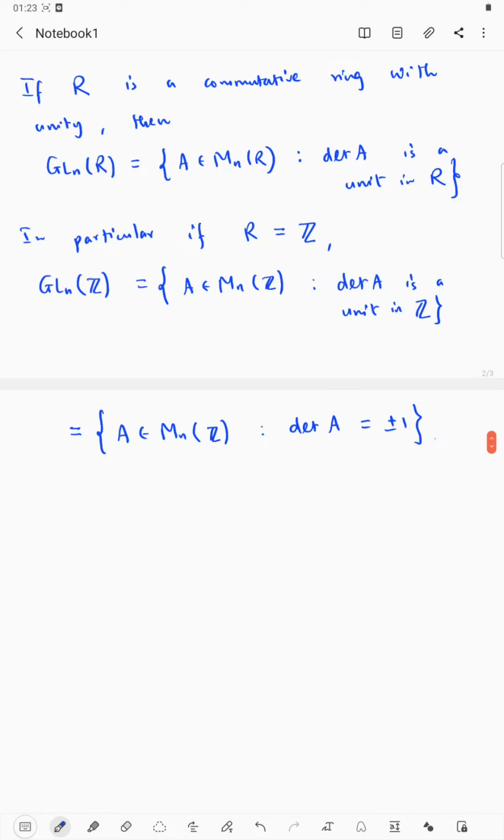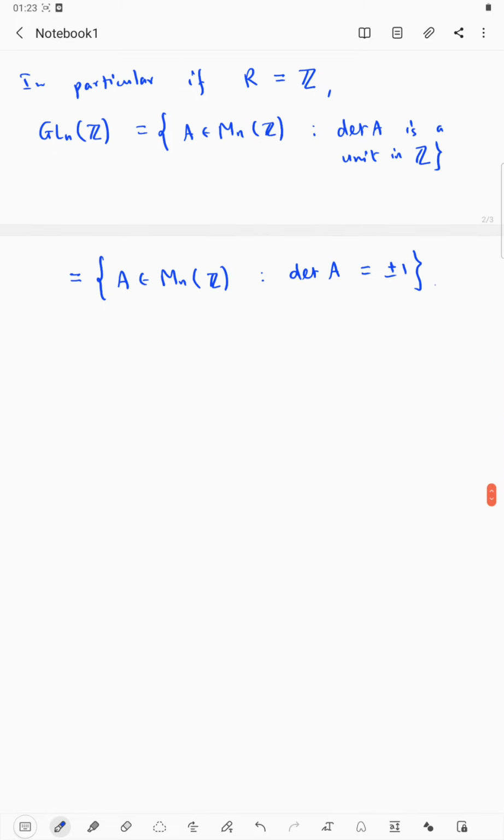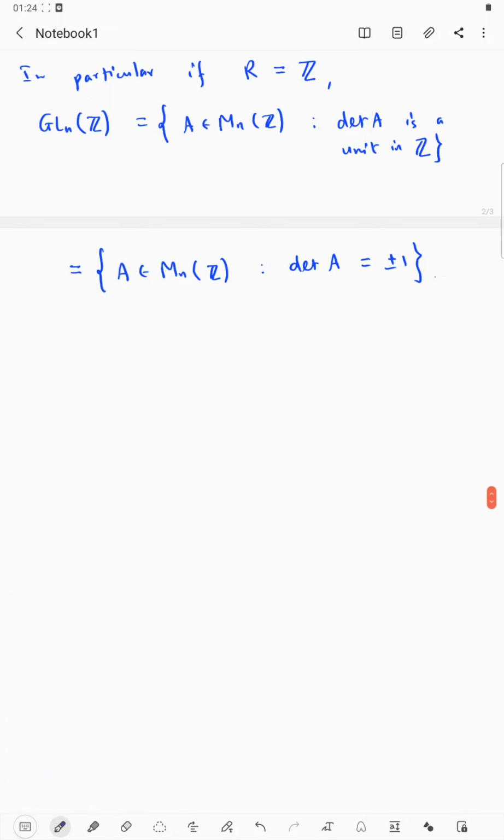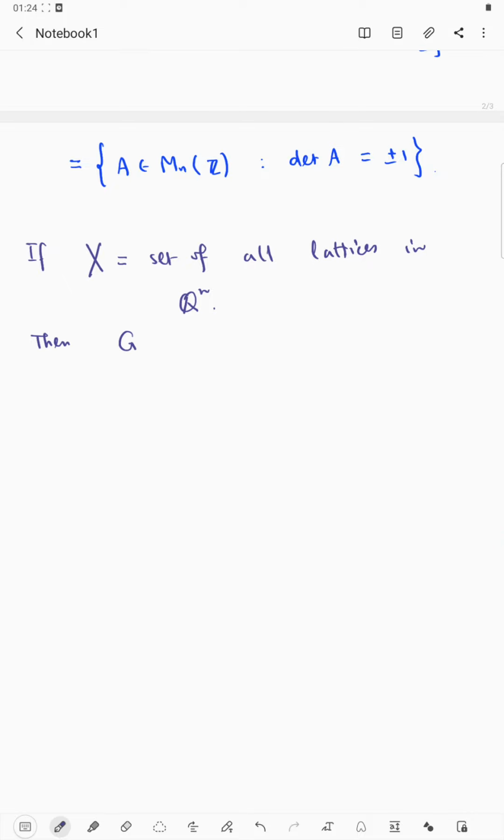Also you can check that if X is equal to the set of all lattices in Qn, then GLN Q acts on the set X transitively.